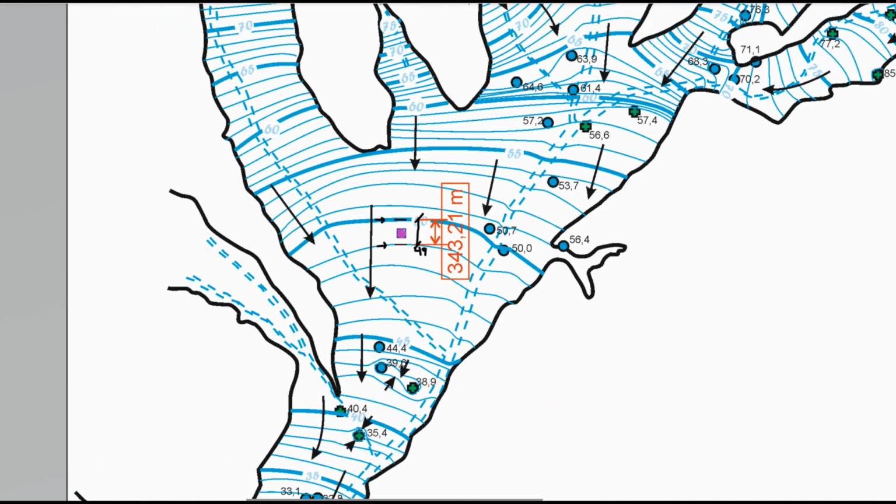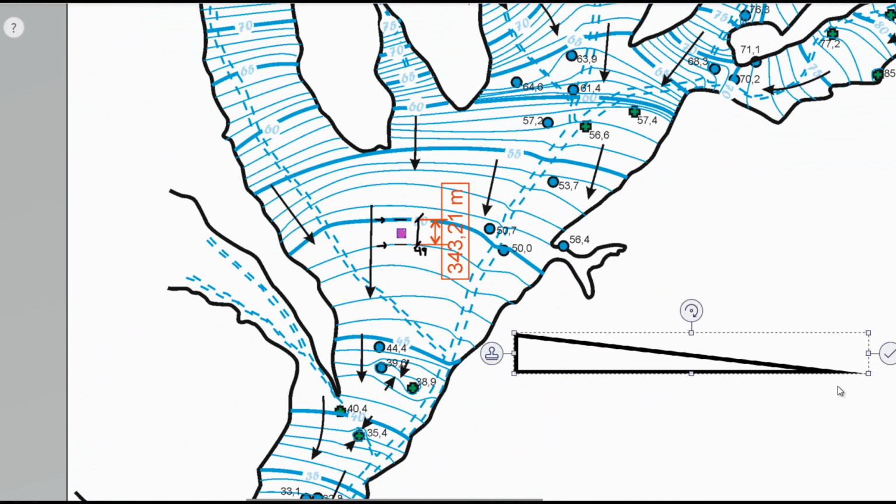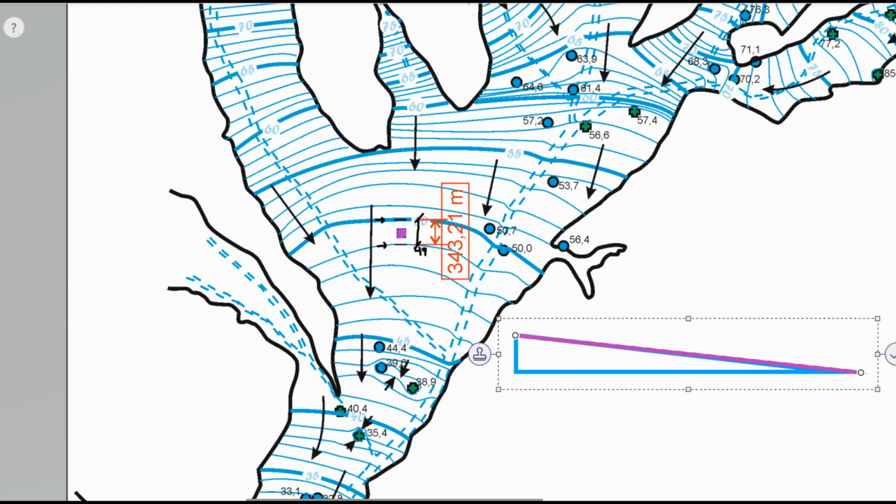Let's suppose that this line here, sorry, I want to make a line just for a while, this one from here to here, is the groundwater table, and the distance here is 343 meters, and the distance here is 1 meter.